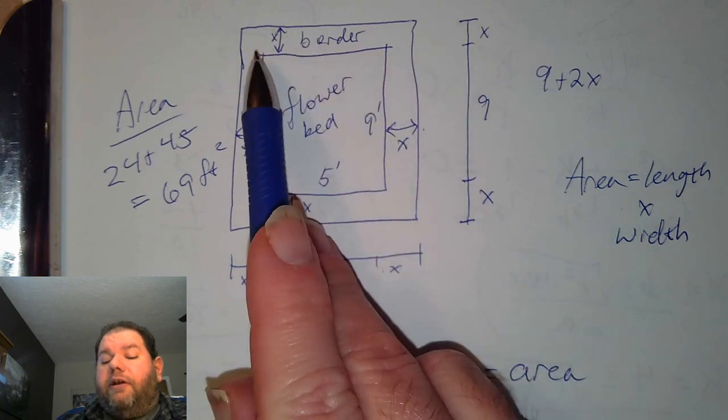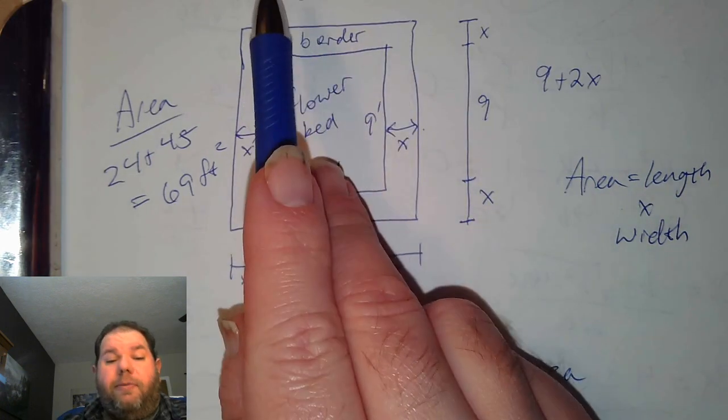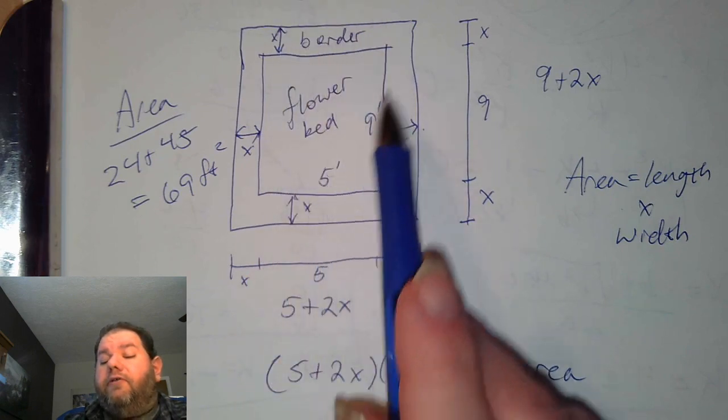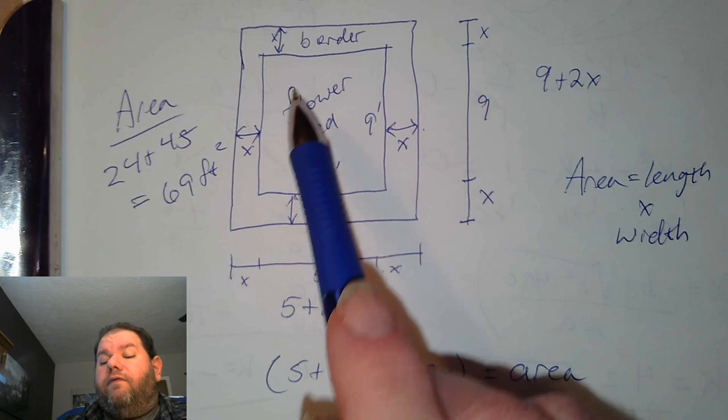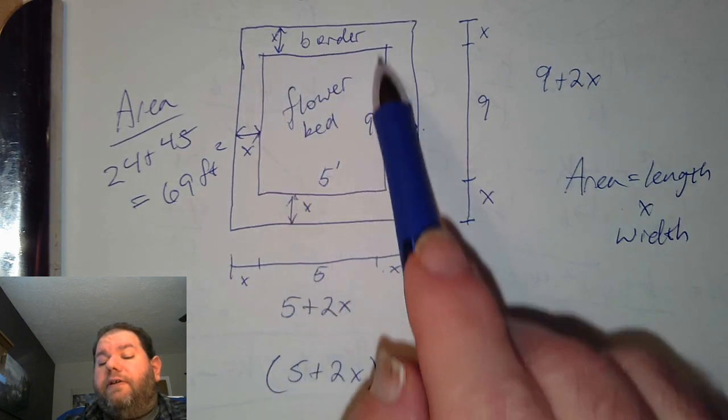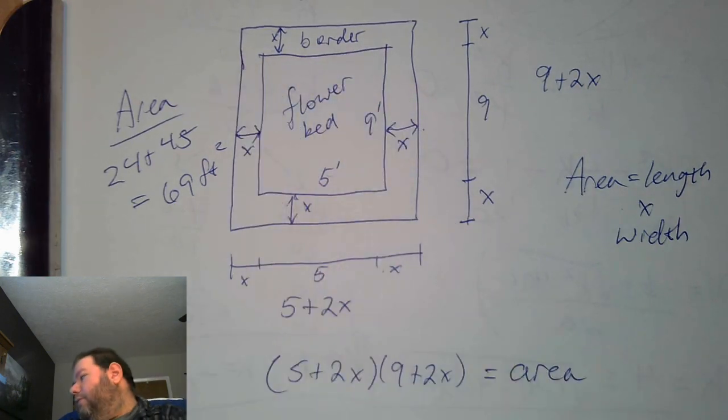Even though we don't exactly know how wide the border is, we know how much there is of that, giving us a total of 69 square feet.